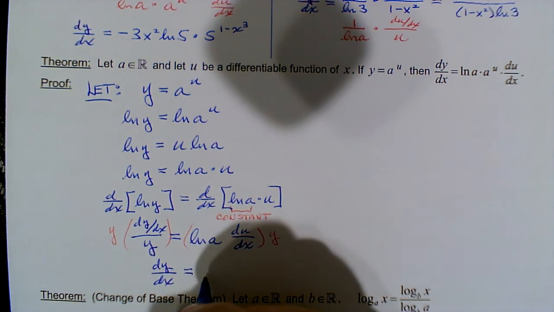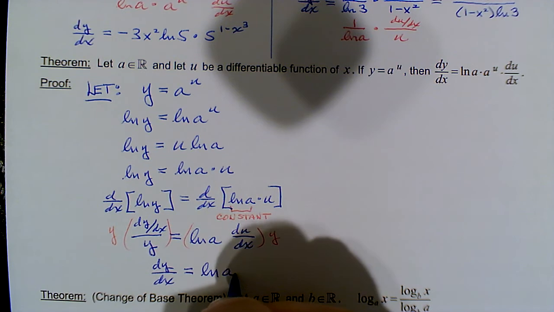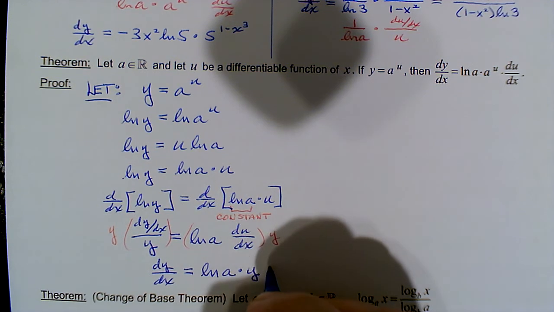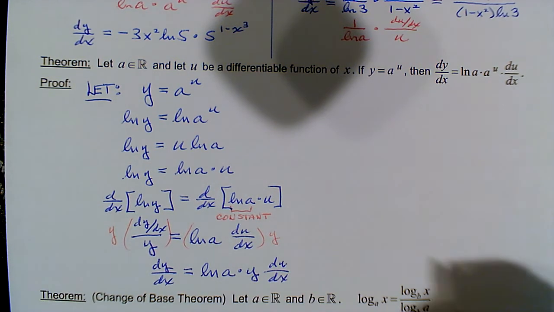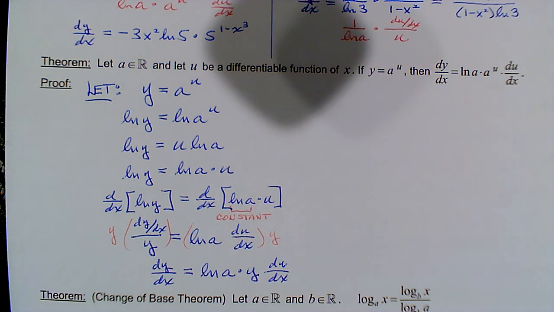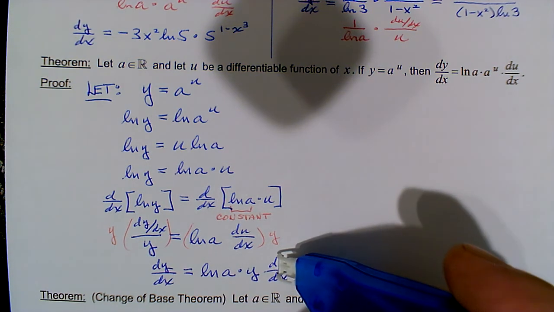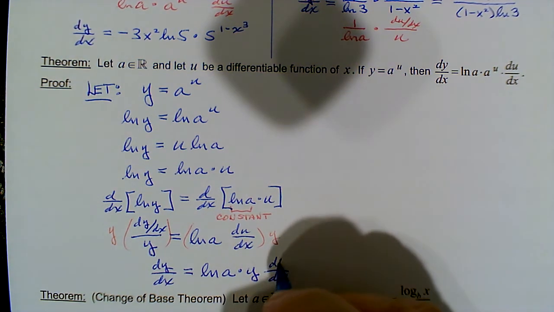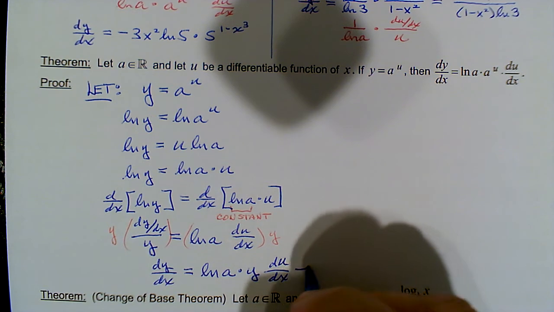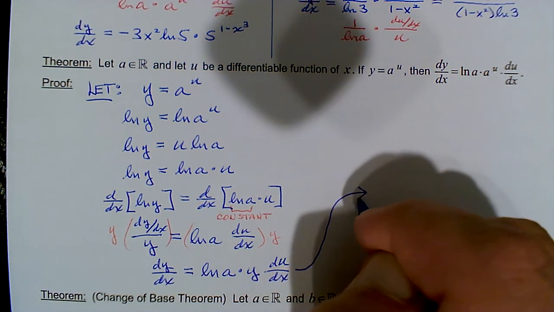So I'll write natural log of a times y times du/dx. And the reason why I put it there was because when I back substitute, because that's our last step, I'll bring it just off to the side here.